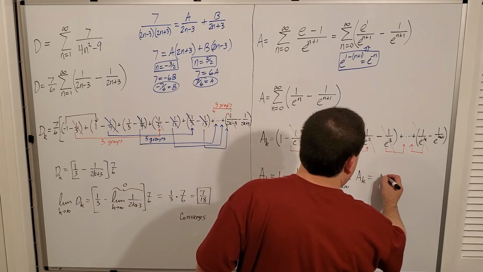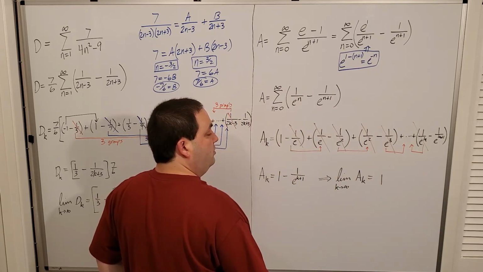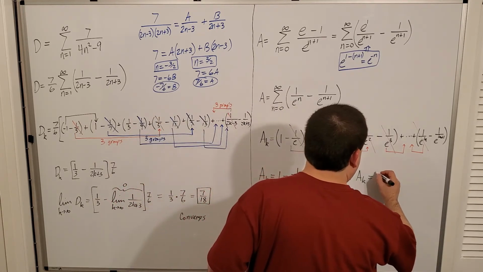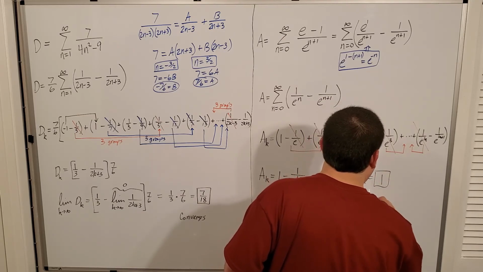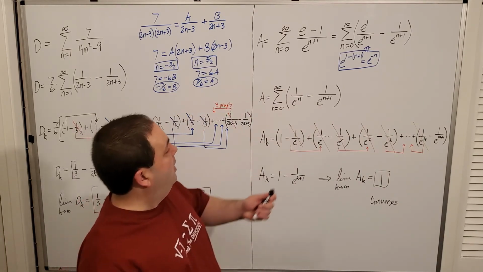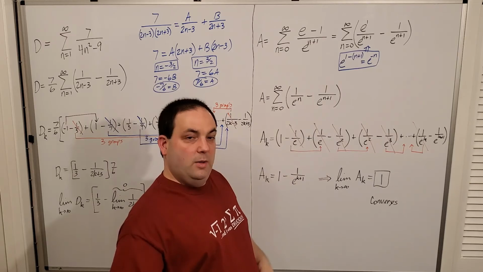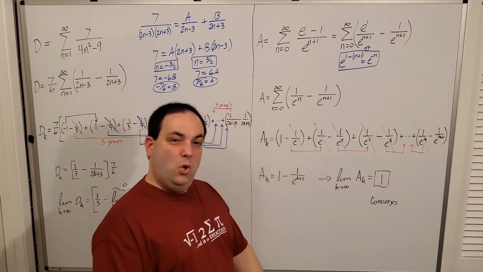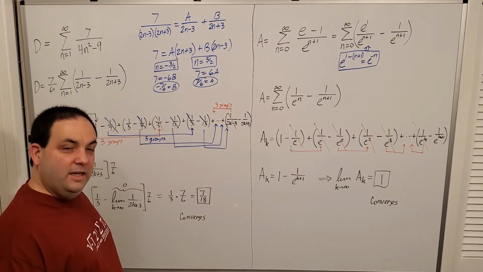You'll notice that the limit then goes to 1, which is actually what my sum will equal. And so this one converges. Doesn't seem like something with all those irrational e's in it should be able to sum up to something as nice as 1, does it? And yet, in this case, it does.